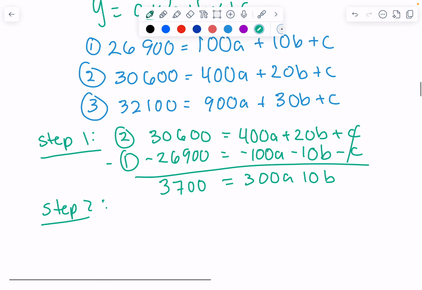I want to be smart about this, so I'm gonna do equation 3 and 2. But I'm going to leave equation 2 as is.